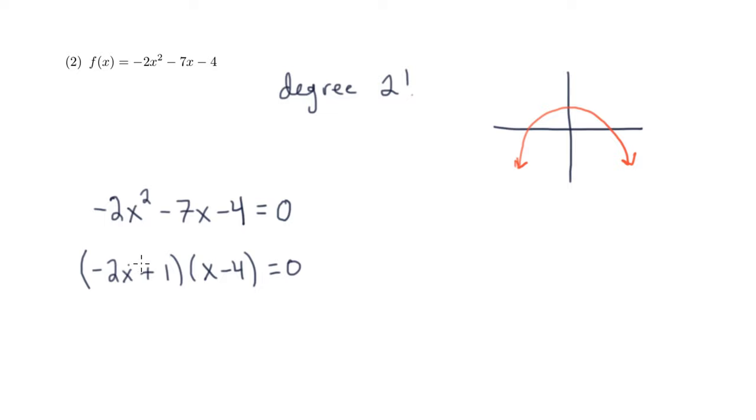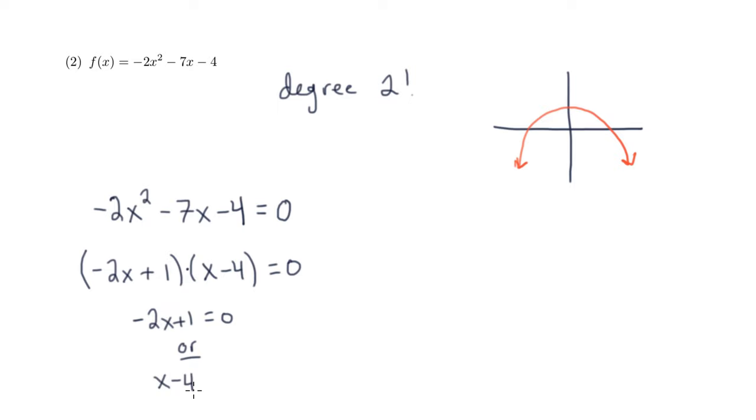And so I'll leave it to you to verify that if I FOIL this out, I'm going to get exactly what I start with. But now I know that either negative 2x plus 1 is 0, using the zero product property. So the product of these two things has to be 0, so one of them has to be 0.